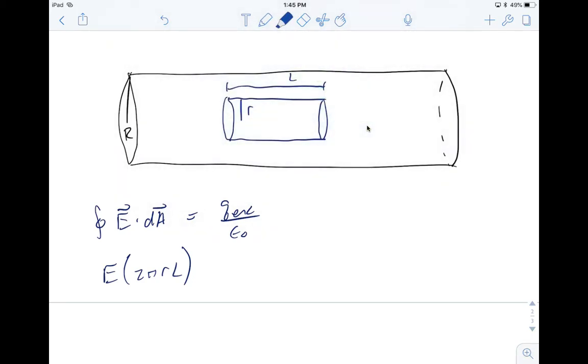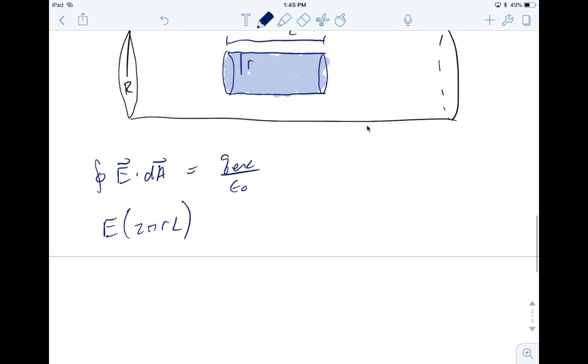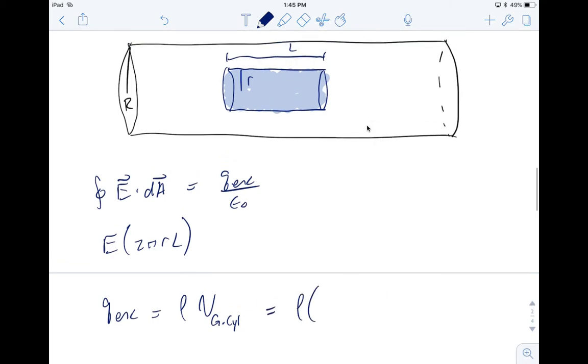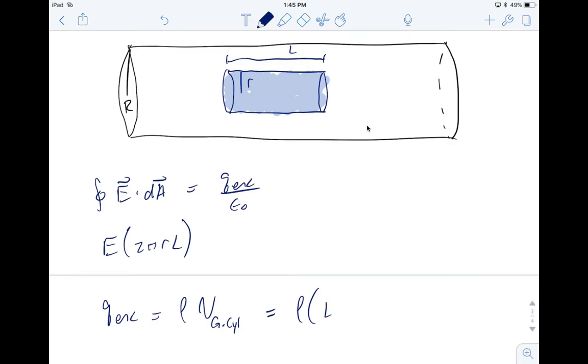We want to count just the charge in that volume. This time the volume we want is the volume of our Gaussian cylinder. So Q enclosed is rho times the volume of our Gaussian cylinder, which is the length times pi, this time little r squared.